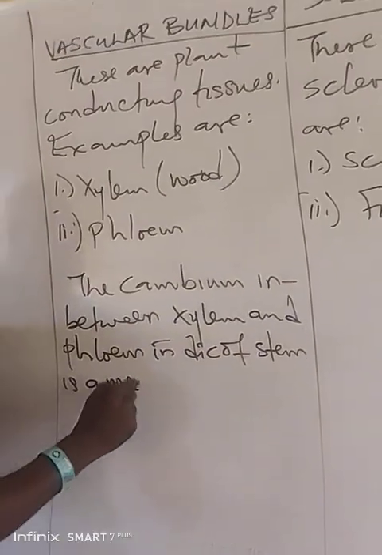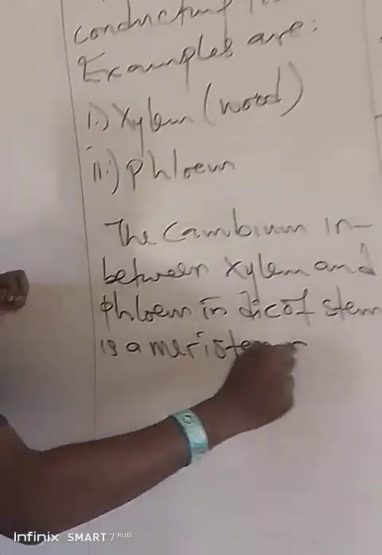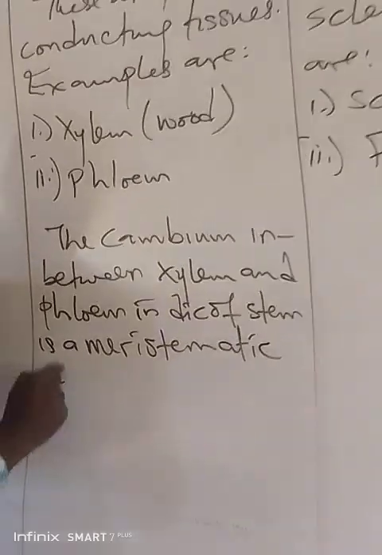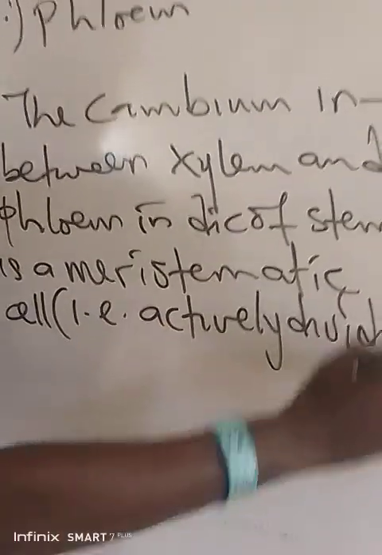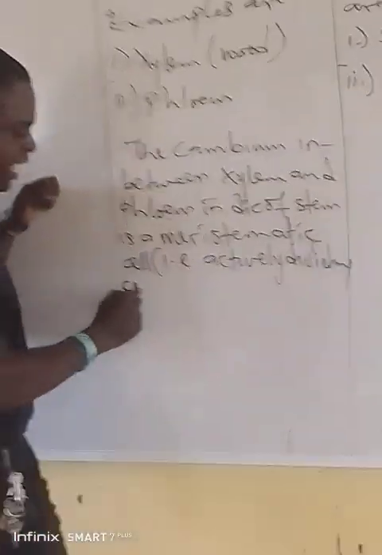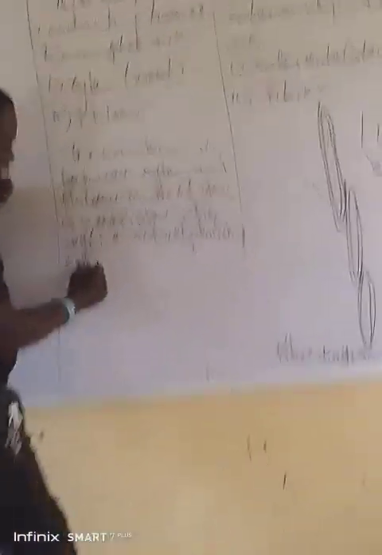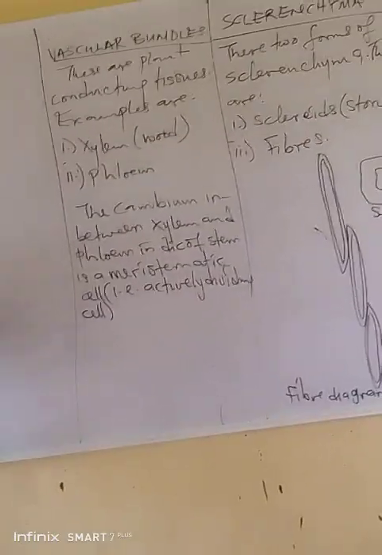it is a meristematic tissue. Who can tell me the meaning of meristematic cell? That is actively dividing cell. It is meristematic. It is dividing, undergoing mitosis every now and then.